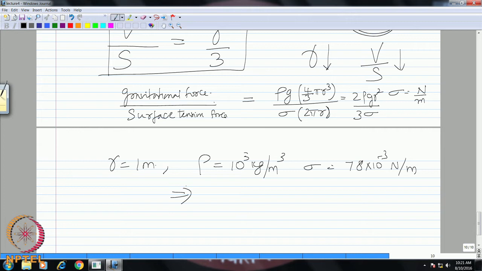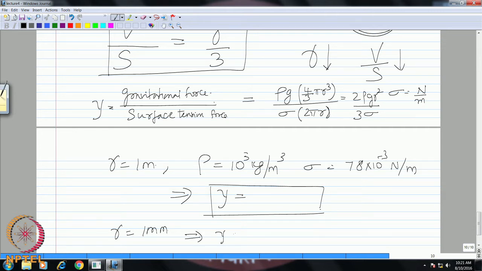Let us say that this ratio is some gamma. Calculate this ratio gamma for r equal to 1 meter and then reduce the size to 1 millimeter. From 1 meter you reduce the size to 1 millimeter, calculate the value of gamma.